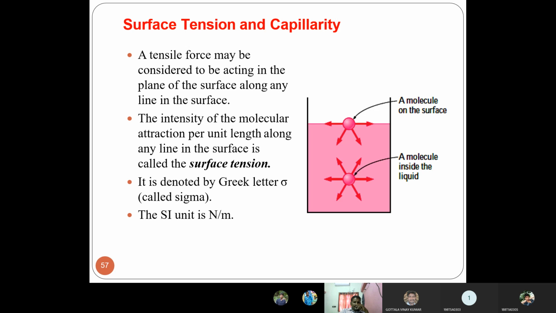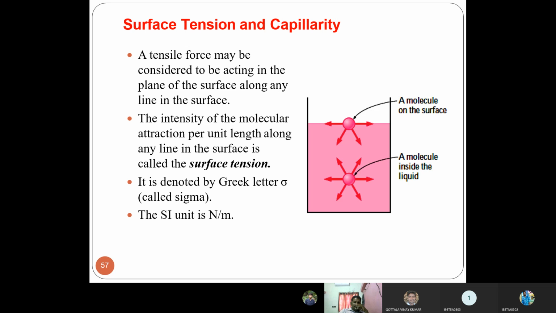Understand? The intensity of molecular attraction per unit length along any line of the surface is called surface tension. In simple terminology, we can call surface tension the tensile force acting per unit length.